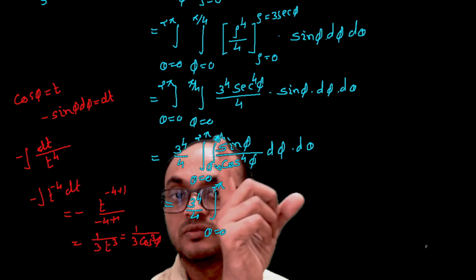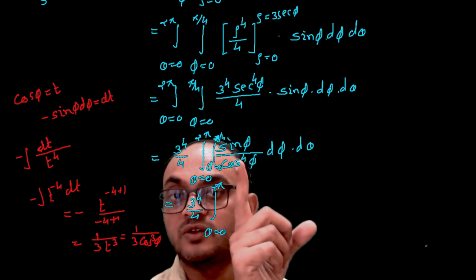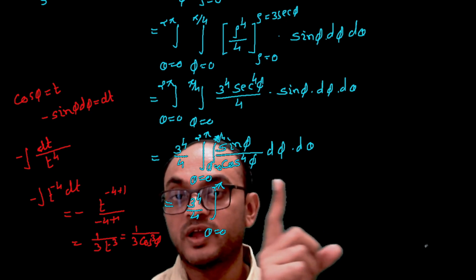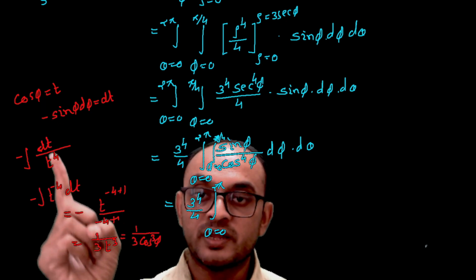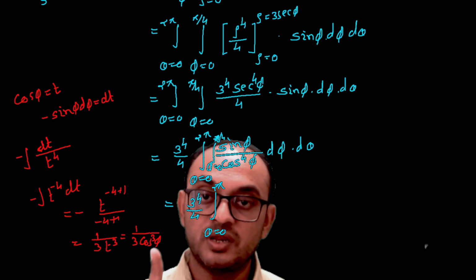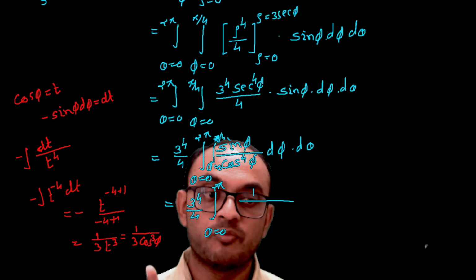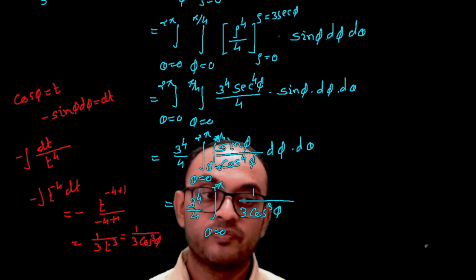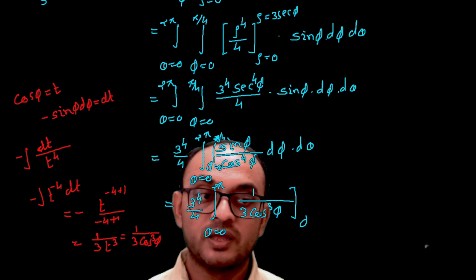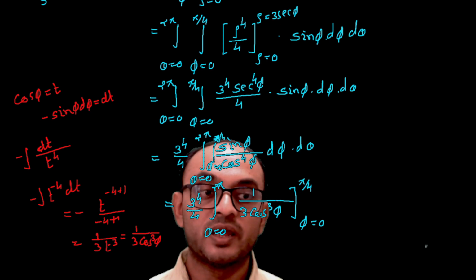What is the integration of sin phi upon cos raised to 4 phi d phi? That we have already seen here, which is 1 upon 3 cos cube phi. So this is 1 upon 3 cos cube phi over the limit of phi, phi is equal to 0 to phi is equal to pi by 4, d theta.